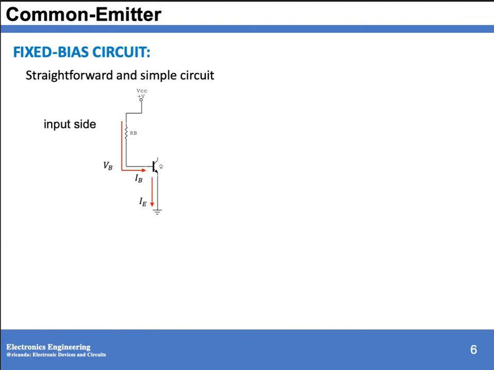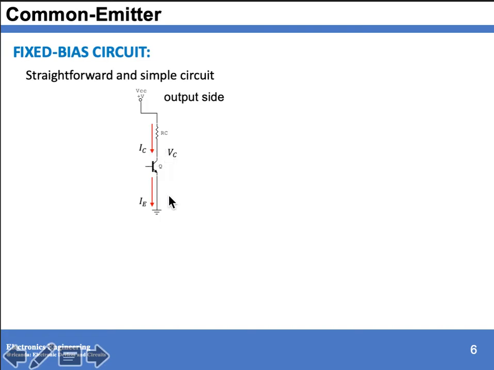Now at the output side, so that we can solve for your voltage at the collector terminal. So we have this one, VC, from your collector with respect to ground. And between your collector and your emitter, we call that VCE, your collector emitter junction voltage. So applying KVL again, we have VCC minus RC IC minus VCE equals 0.